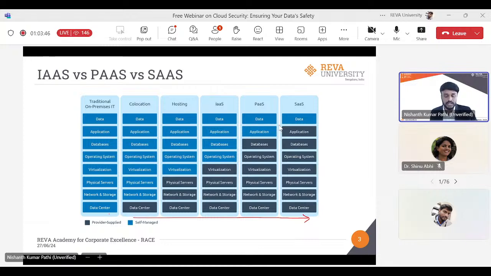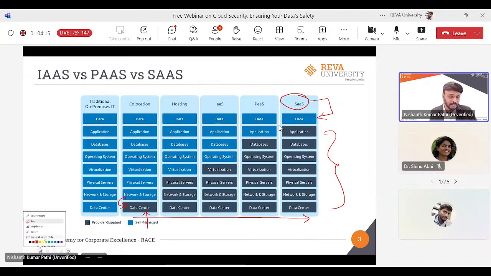Maybe in colocation, I have to take care of many of the things, but my provider just ends up giving me the hardware and the data center infrastructure, maybe from a physical point of view. But as you end up with SaaS, the responsibility on you will decrease, but the responsibility on the cloud provider will increase. If we are able to understand these models, I think we should be good enough to exactly draw the line between who is responsible for what.